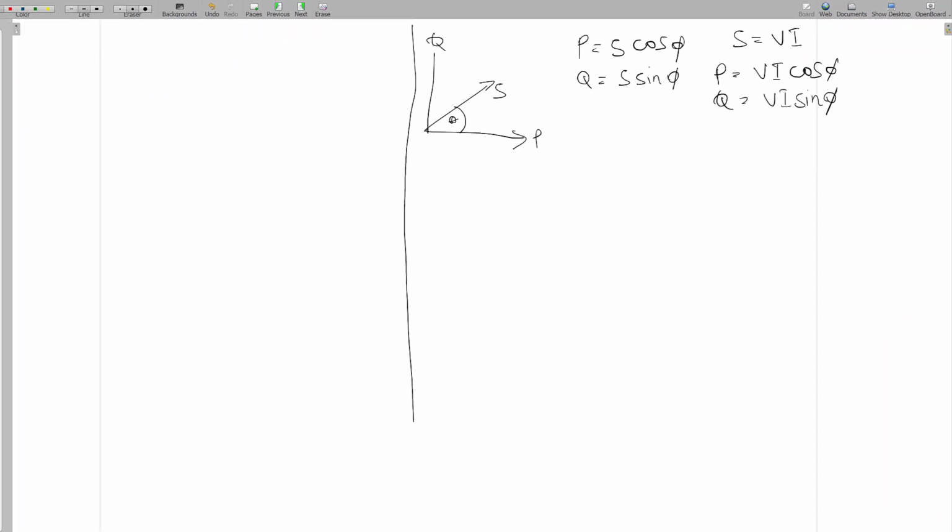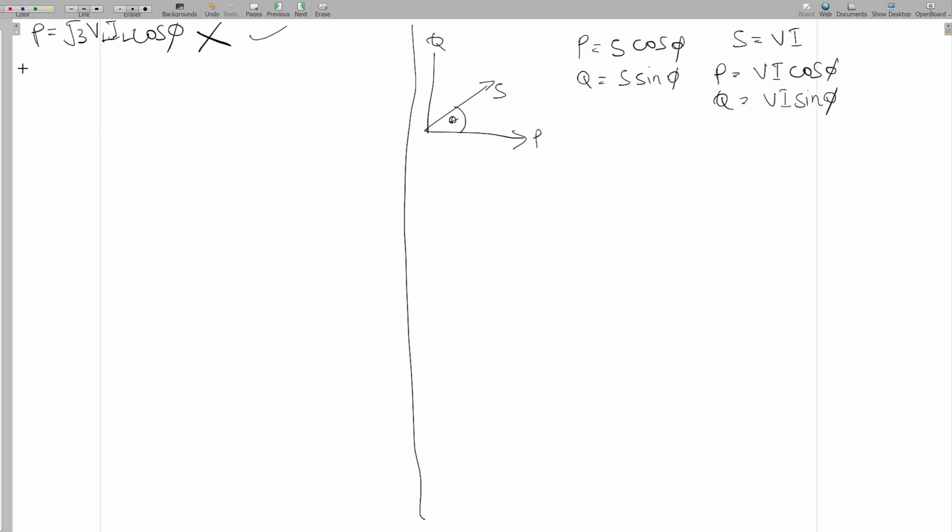But then let's take note that this is an unbalanced load, so we can't use this formula. We only use this formula when the loads are balanced.